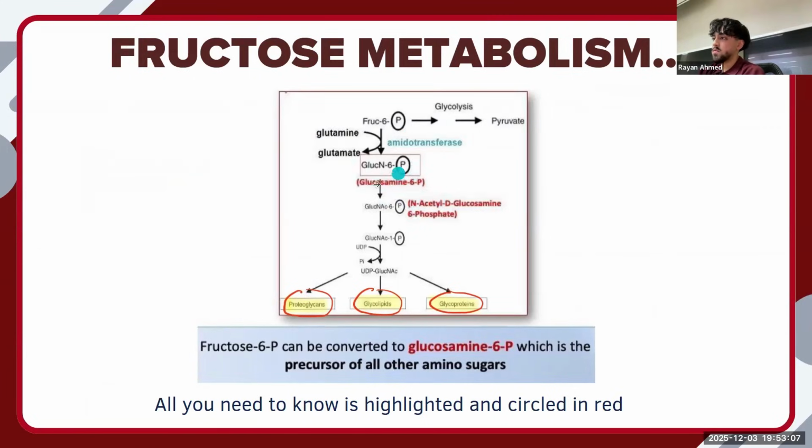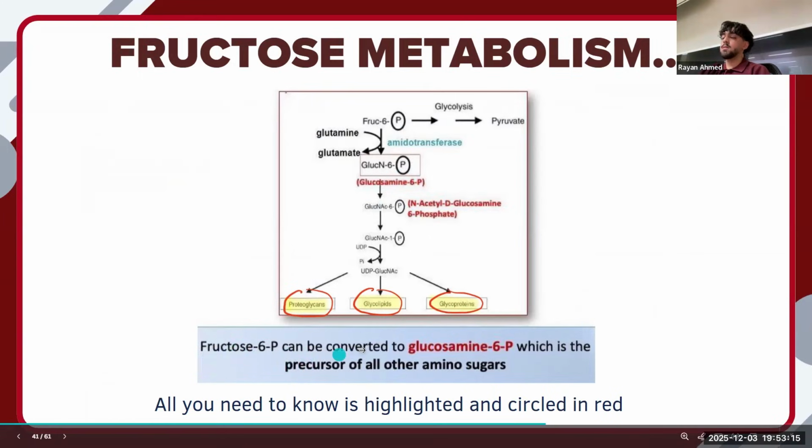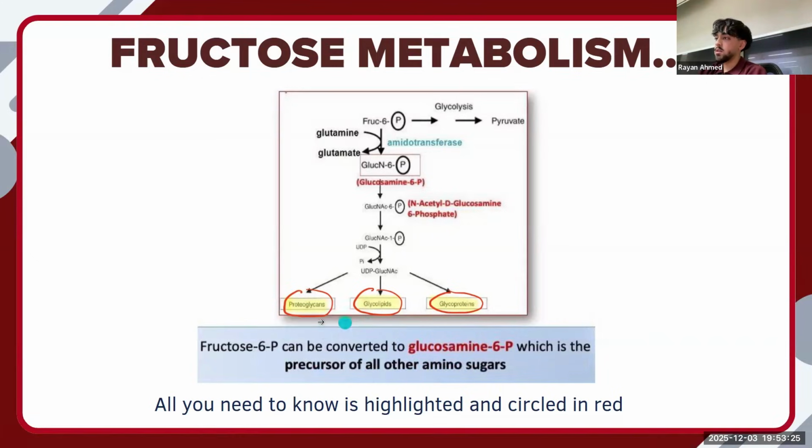Now, glucosamine 6-phosphate can be converted into proteoglycans, glycolipids, glycoproteins. I mentioned it here as well from the slides. So glucosamine, other amino sugars, that could be glycolipids, proteoglycans, and glycoproteins. Just keep this in mind.